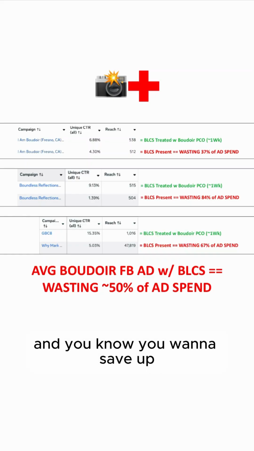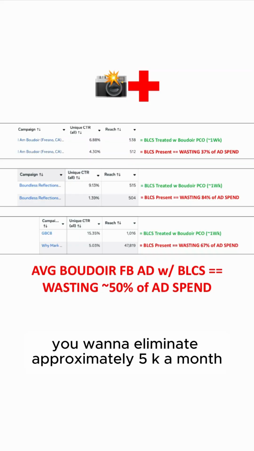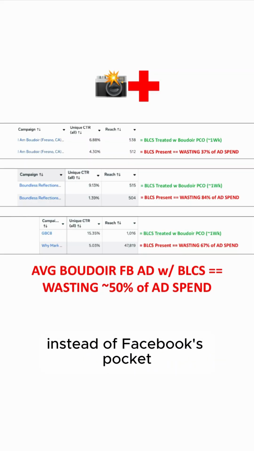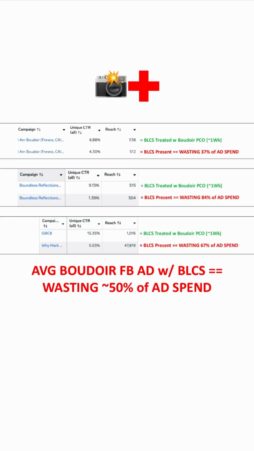And you want to eliminate approximately 5K a month in wasted ad spend, put that back in your pocket instead of Facebook's pocket, where it's being wasted. 60K over the next 12 months approximately.